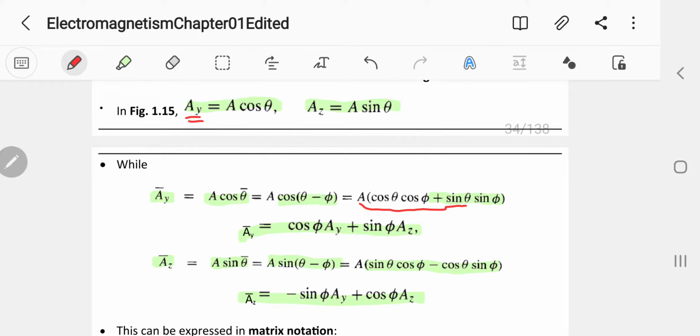So that's why you have that there. And of course you're already given that AX bar is already AX, because you are tilting on the x-axis, so the x-axis remains the same. So x is equal to x bar.